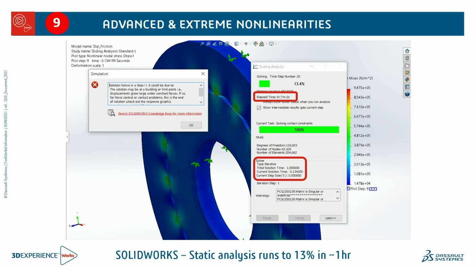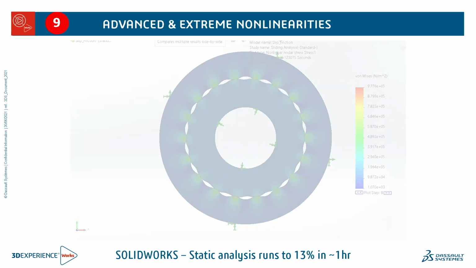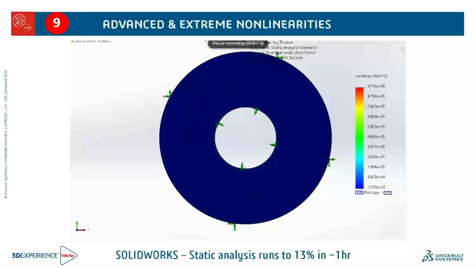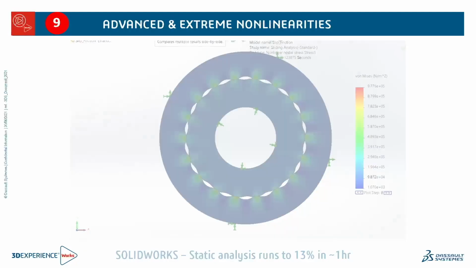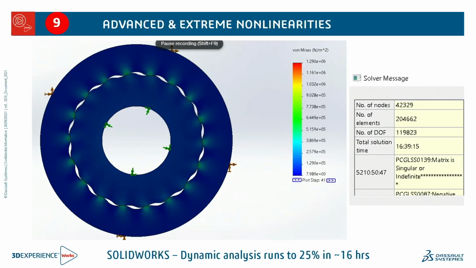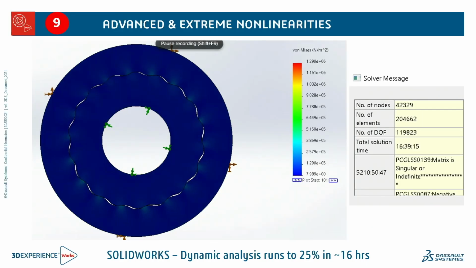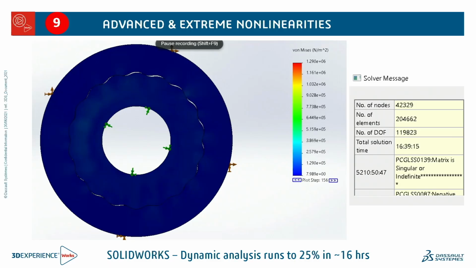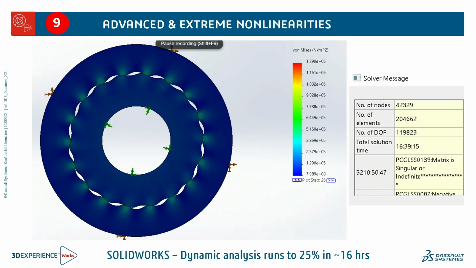One of the ways to usually get more progress through analysis is to do a dynamic analysis. I think this is actually an animation of the static analysis. But if you do a dynamic analysis, you can deal with instabilities in the stiffness because you've got a real time scale, so you can see things like snap-through buckling and stuff like that.